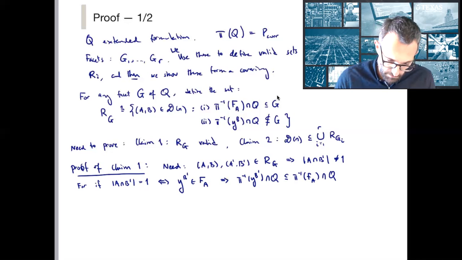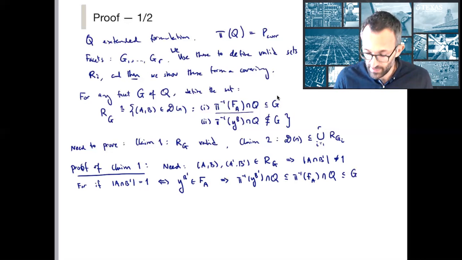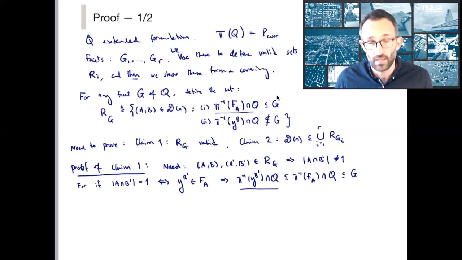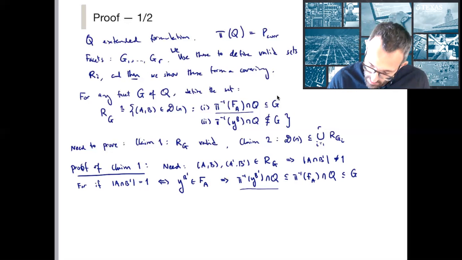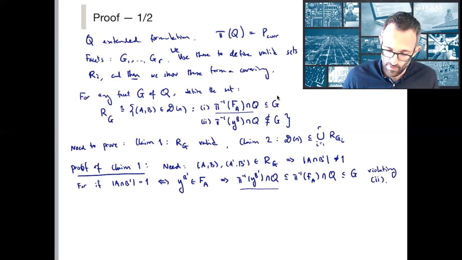But this pi inverse of F_A, by definition of property 1, is contained in G. But that means that pi inverse of Y_B' is contained in G, and that violates property 2. So this would therefore be violating property 2. So that does it for that. So let's now prove claim 2.